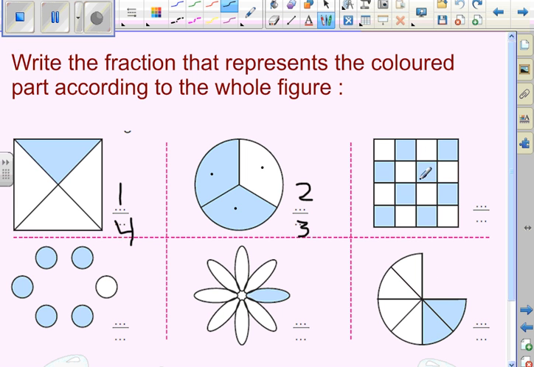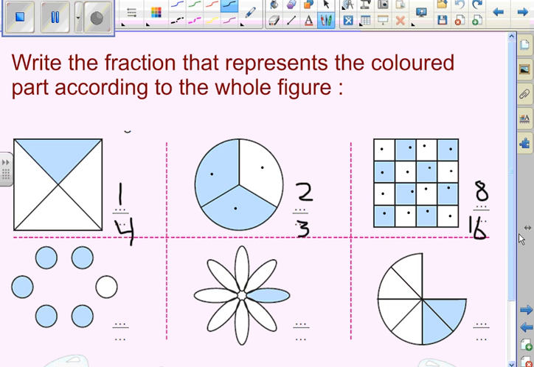Next, the number of colored parts is 1, 2, 3, 4, 5, 6, 7, 8. And the number of all parts, there are 8 colored parts, after 8, 9, 10, 11, 12, 13, 14, 15, 16. So the fraction of the colored parts in this figure is 8 over 16.